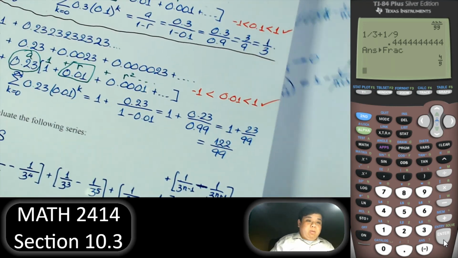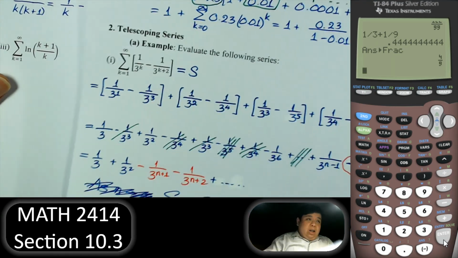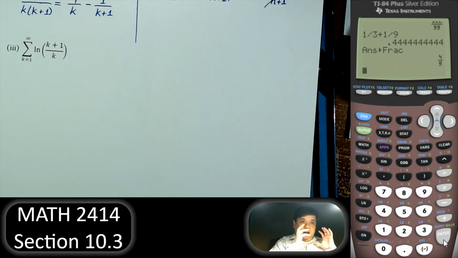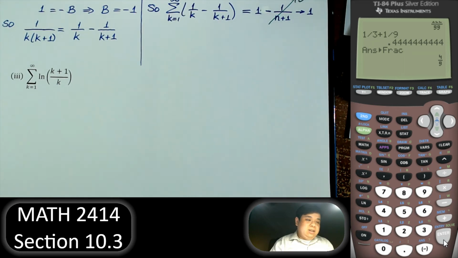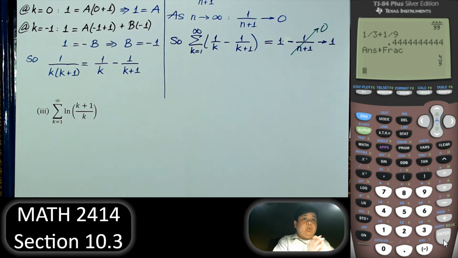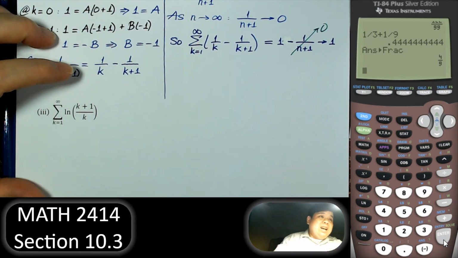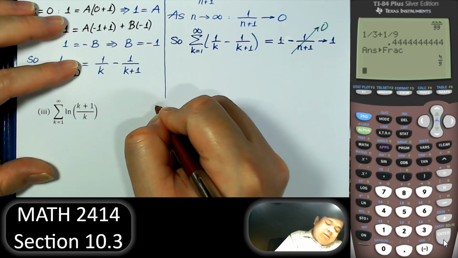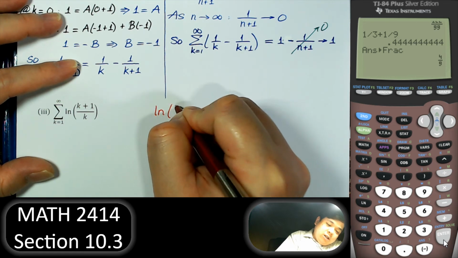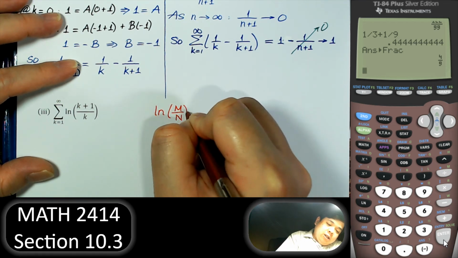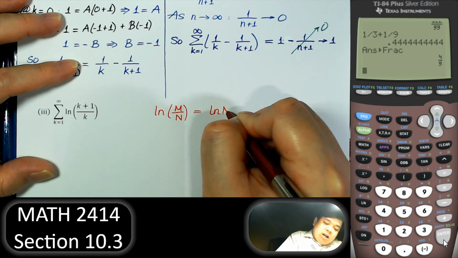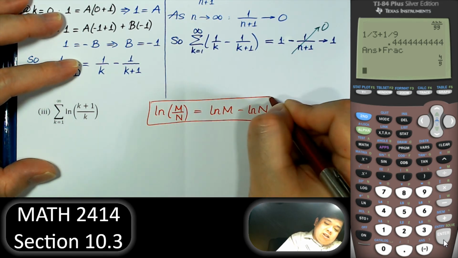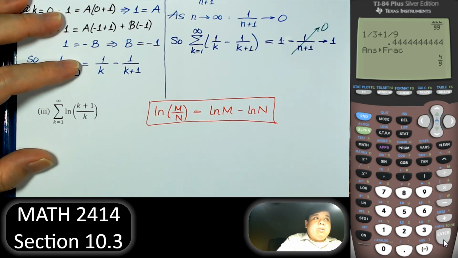Right, still have one problem. The telescoping series, each term itself is a positive and a negative. So we don't have that yet, but actually this turned out to be very simple. We have ln of the quotient is the difference of the ln. So when we write like that, yes, we have a sum.